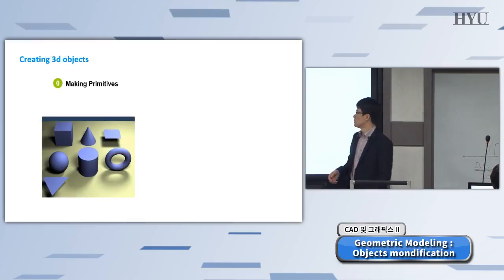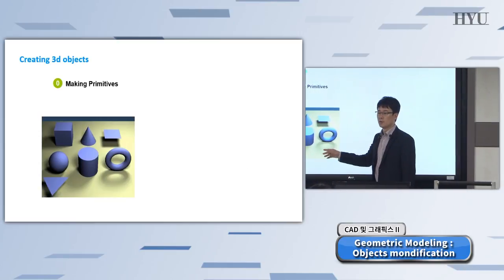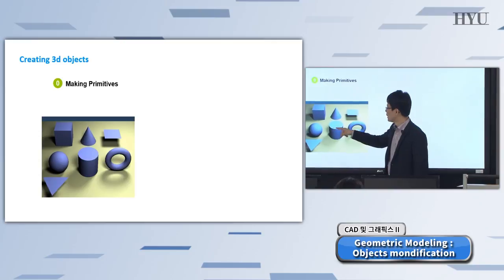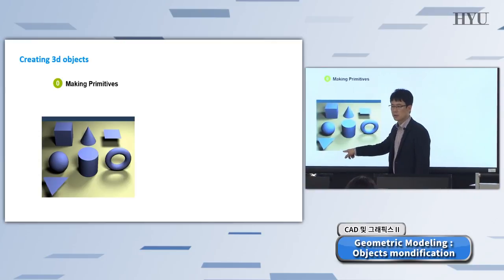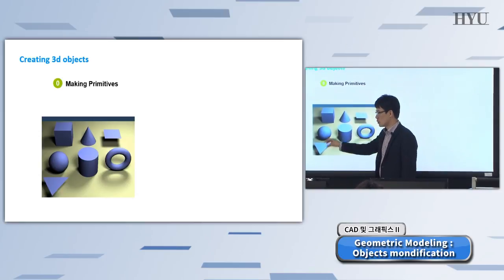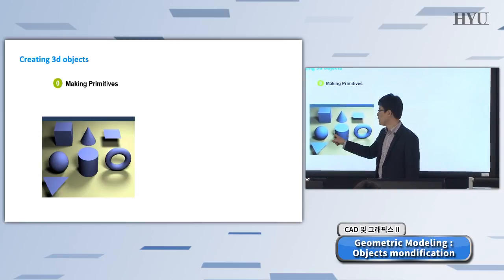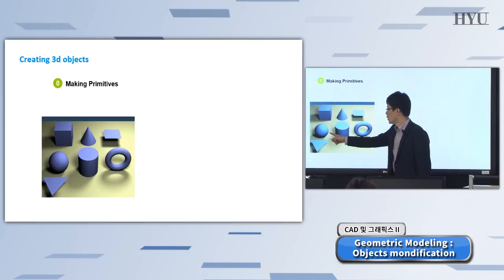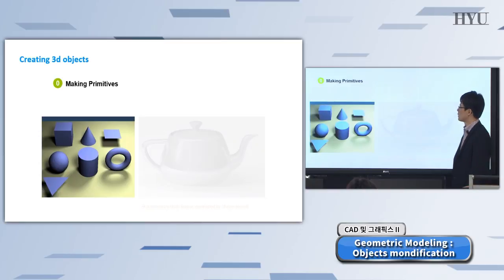Anyway, making primitives is the fundamental way of your geometric creation. Very easy. Simply click sphere and click twice, and then you can generate this kind of thing. Kind of recursive modification against this object. You can create anything from this one, okay?